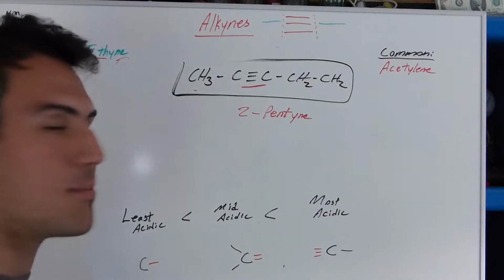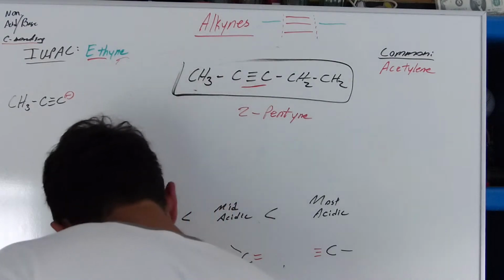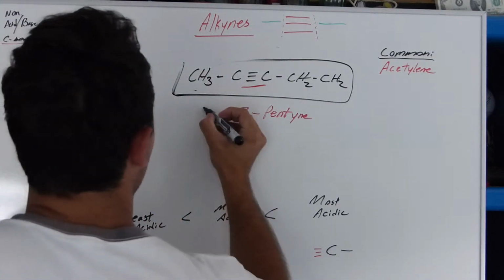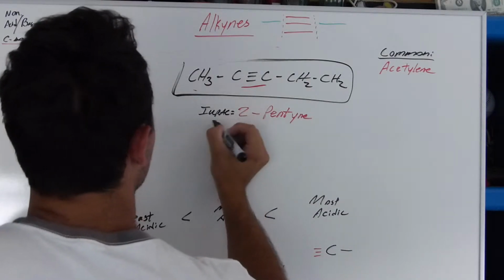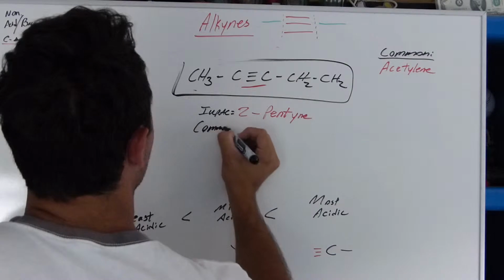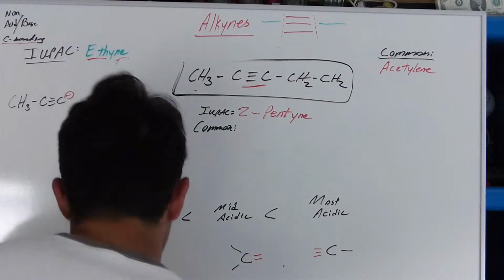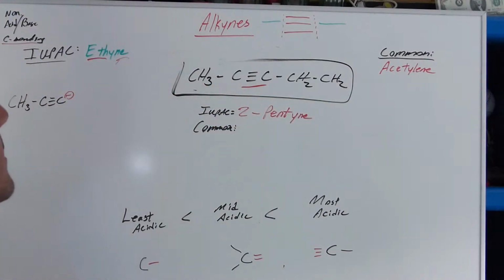Now the common name is easy. Since there's no rules or regs, we can just come up with it. So let me write this down. IUPAC, common. So the common name, what do we got going on here? We have a methyl group and we have an ethyl group.